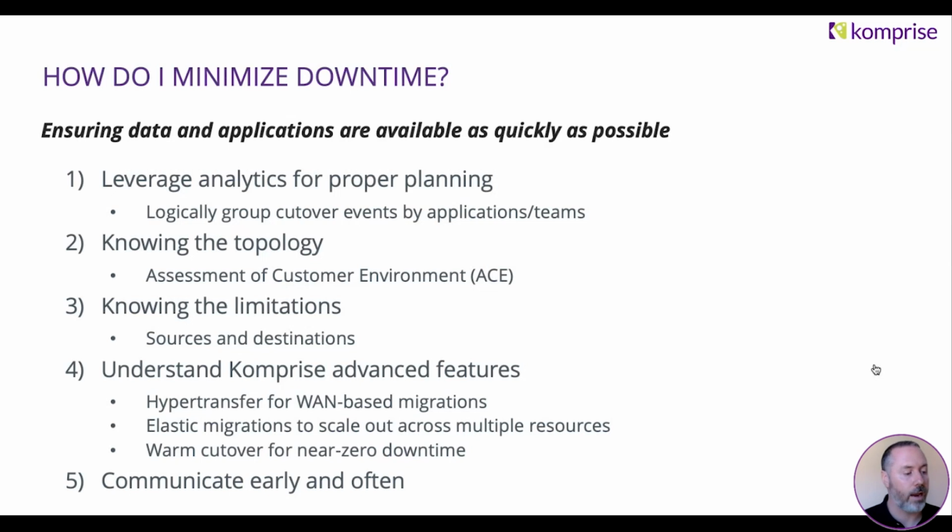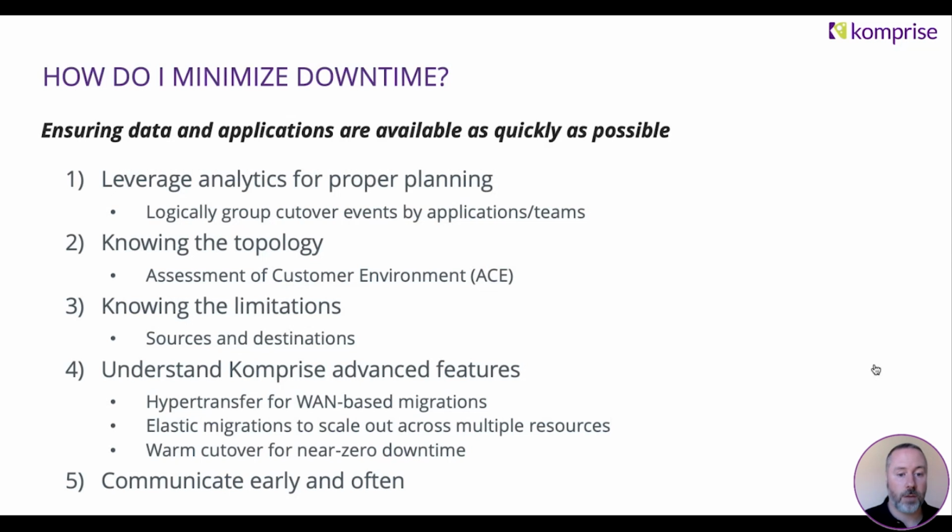And what do I mean by that? A warm cutover is creating an outage window as short as it takes you to direct the users or applications from the source share to the destination share. And that's it. And communication, I can't stress this one enough either, is communicate early and often with stakeholders, with everyone involved, so they know what's going on and they know when their data is available to them.